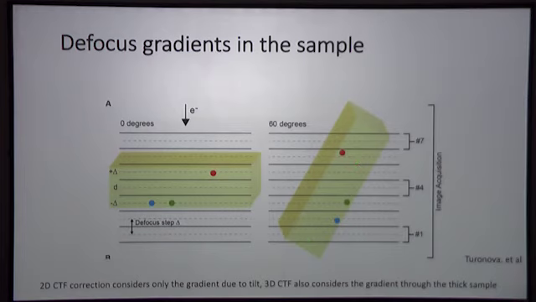So we take into account the gradient of defocus across the slab due to the tilt. But that's not the only problem. We're working with thick samples, and therefore we also want to take into account the defocus gradient through the sample. So the red bead is not at the same defocus as the green bead.